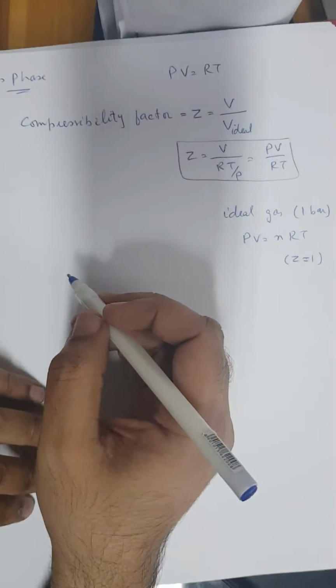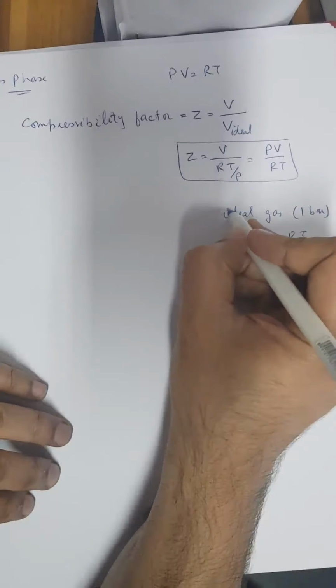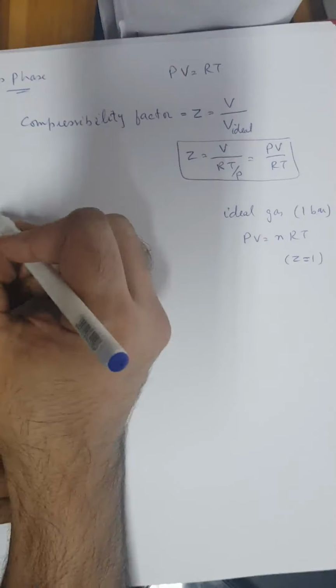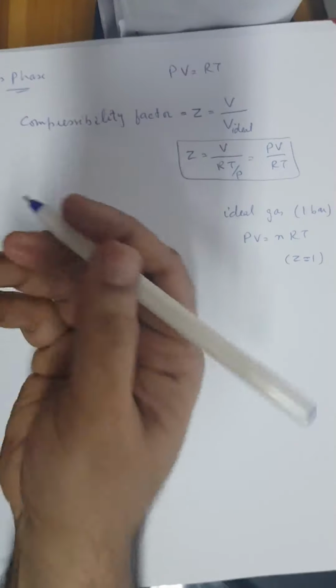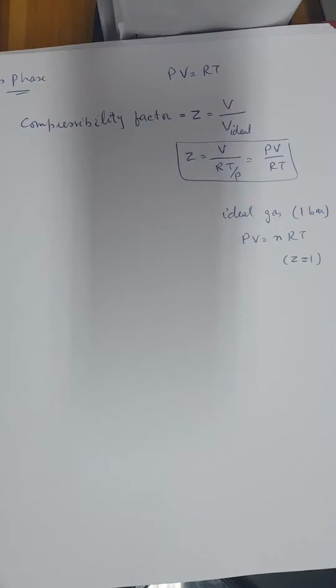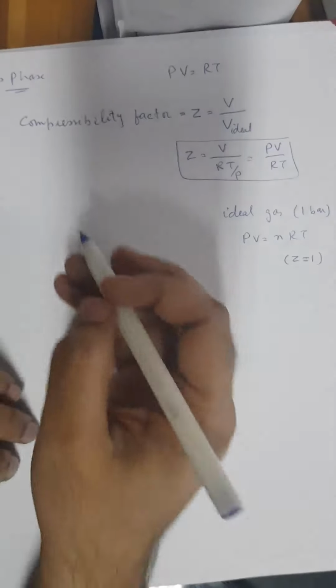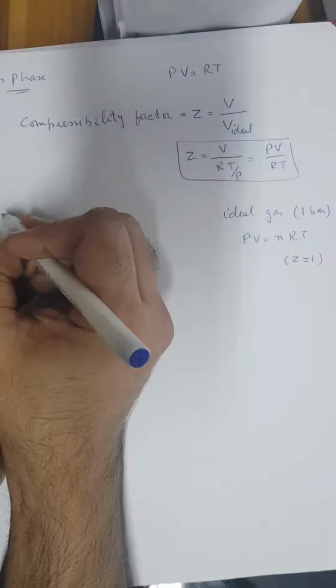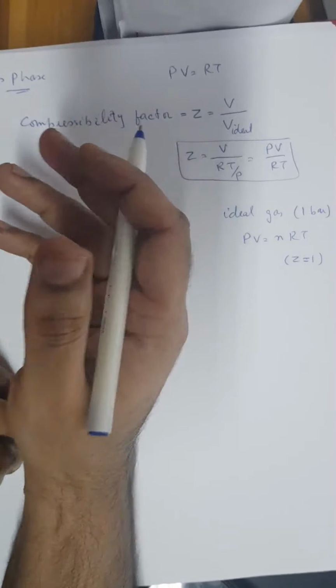So what we can do is develop some more equations that can fit the real gas. All gases are behaving as real gases. So we need to develop some equation of state, a pressure volume temperature relation, or we have to do some correlations.